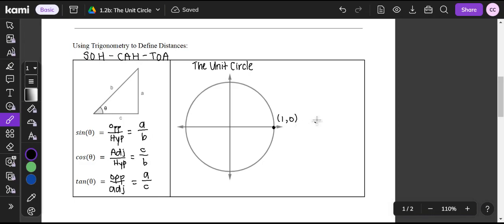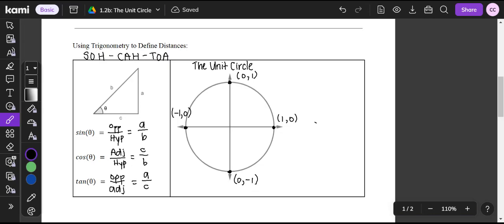Remember, x, comma y. And then I could go over here and say this coordinate is 0, comma 1. I could say this coordinate over here is negative 1, comma 0. And I could say this coordinate down here is 0, comma negative 1. Okay, that seems pretty obvious from the grid.